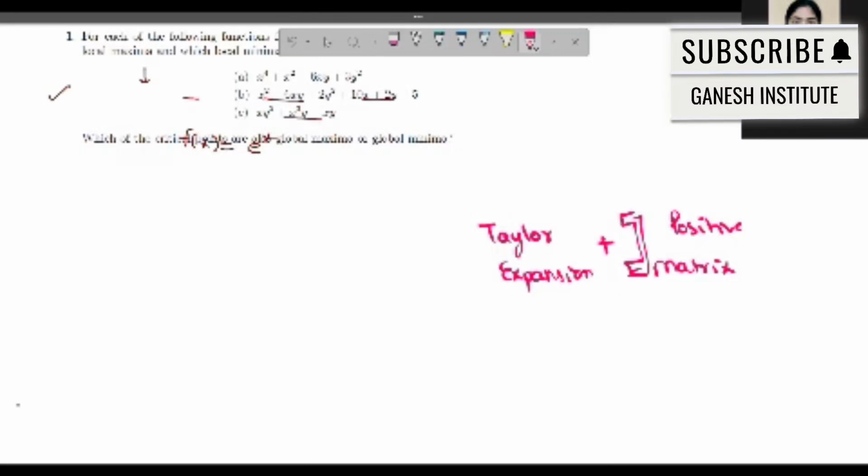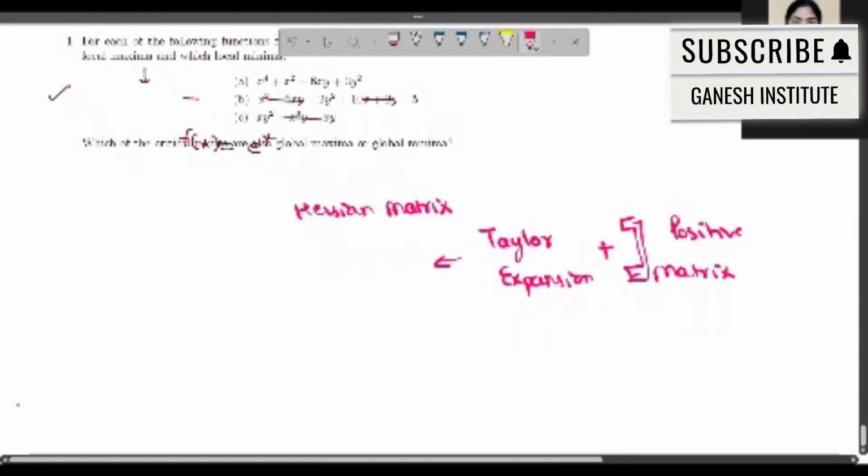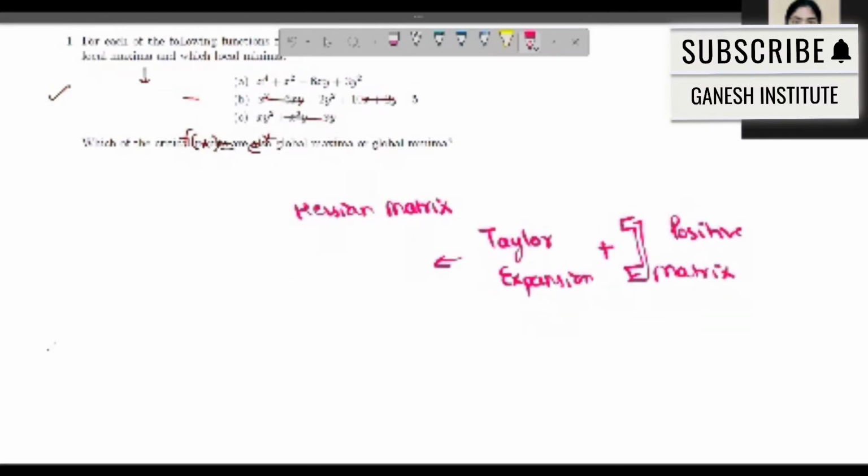So I am introducing another matrix, which is the Hessian matrix. Okay, ma'am. So this question is from your practice test. We'll come to it after getting the concept right. Ma'am, it is Hessian, right? Yeah.